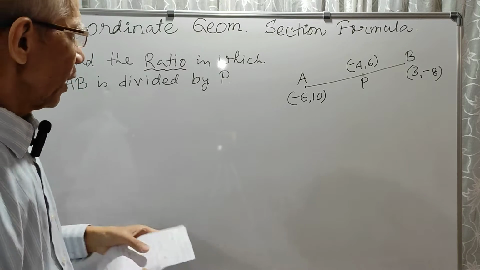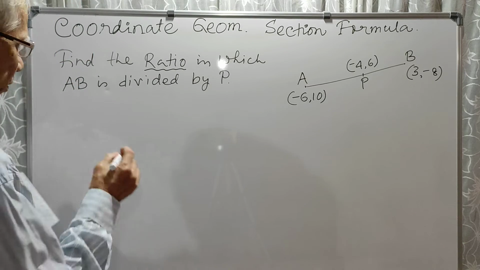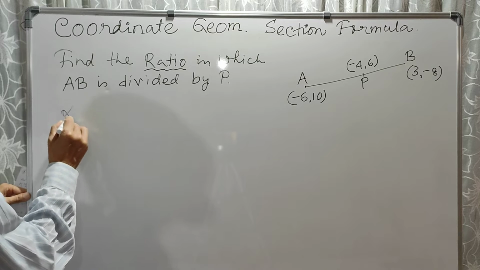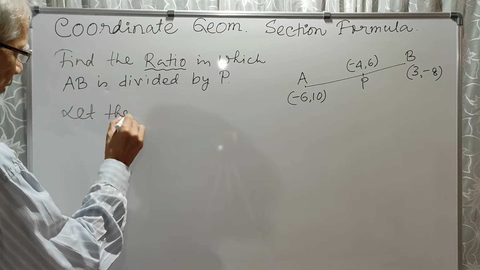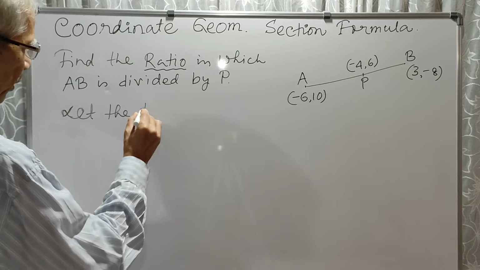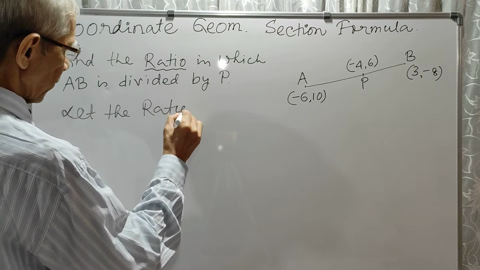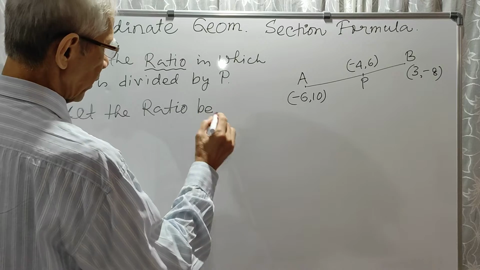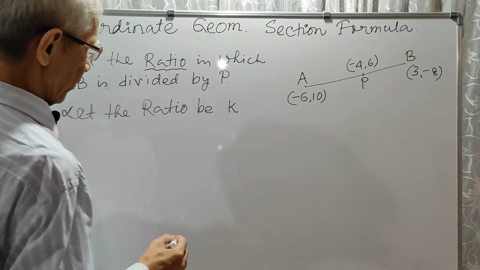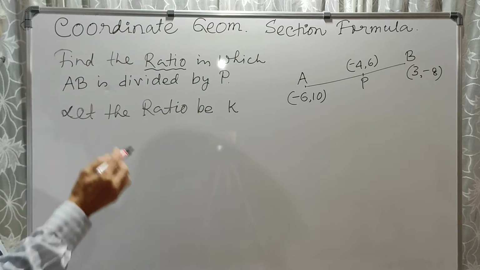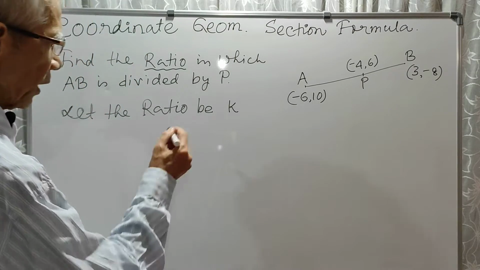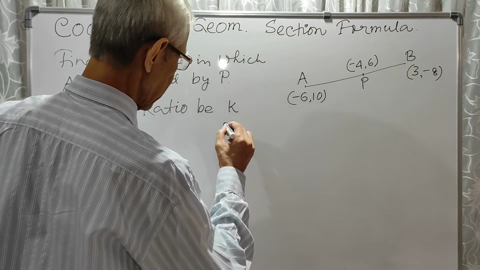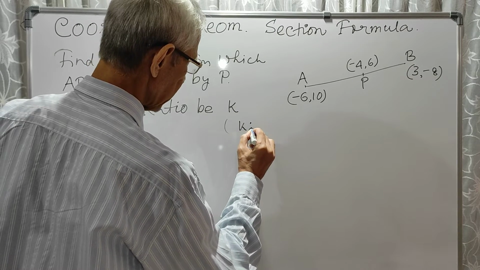Now, to solve this kind of problem, we assume let the ratio be K. Now K means K is to 1.